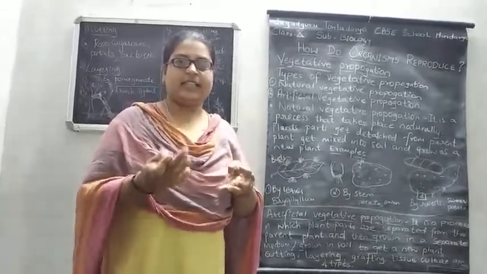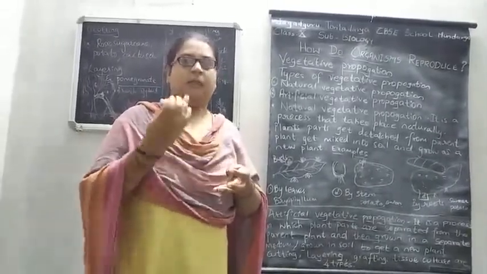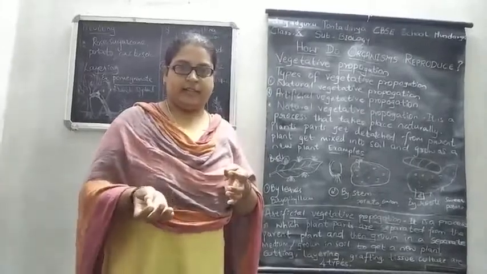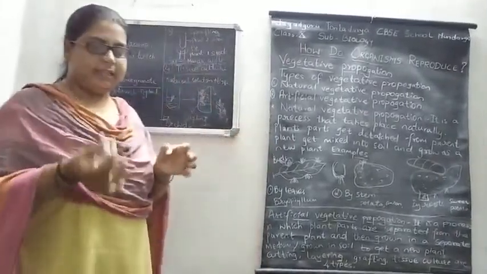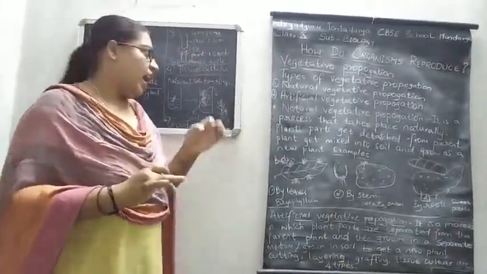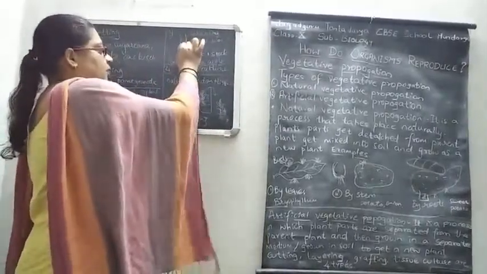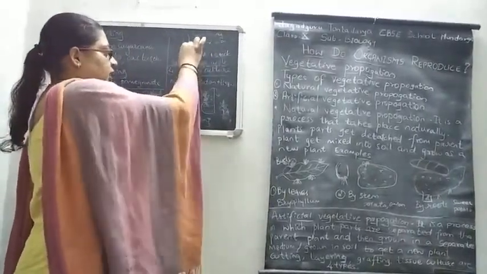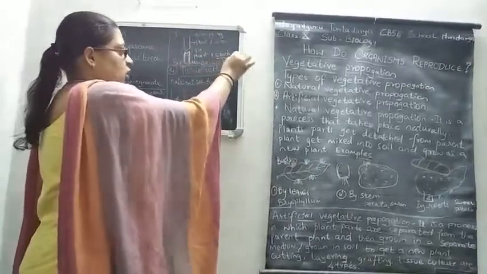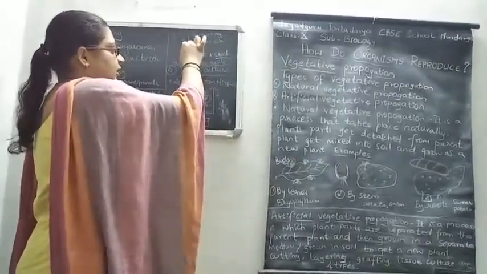So when we select these two different plants with two different characters, we have to select the stem part of those plants, and we will cut the plant. The first plant is called the stalk, and we will cut it in this fashion.